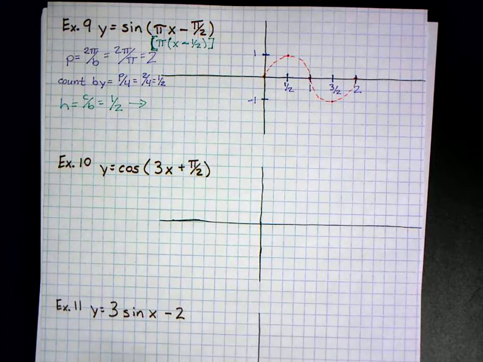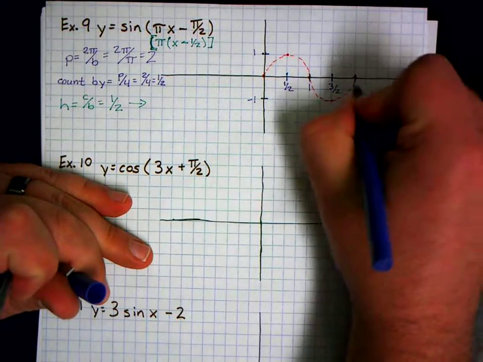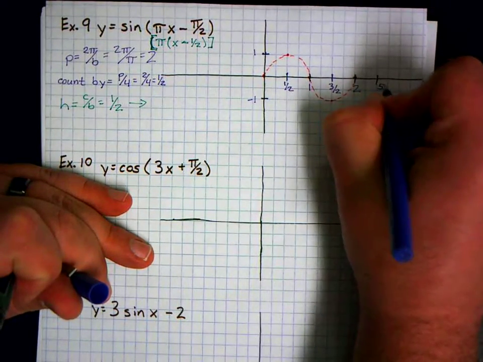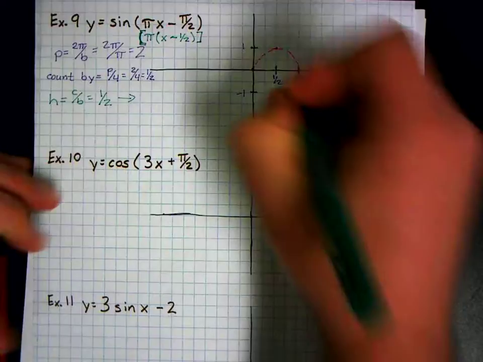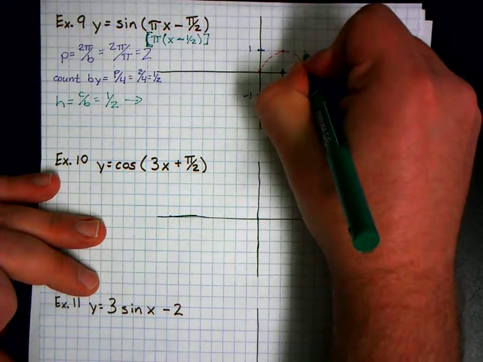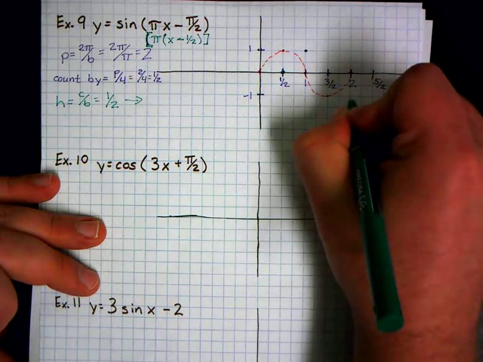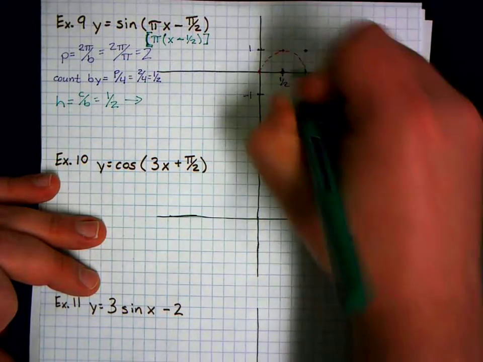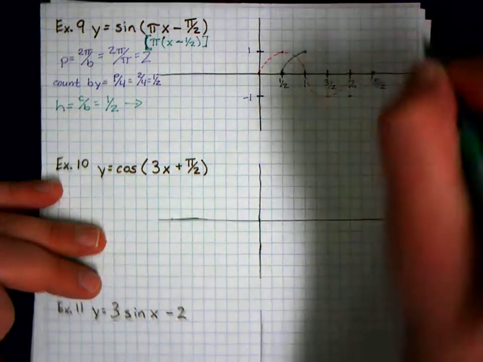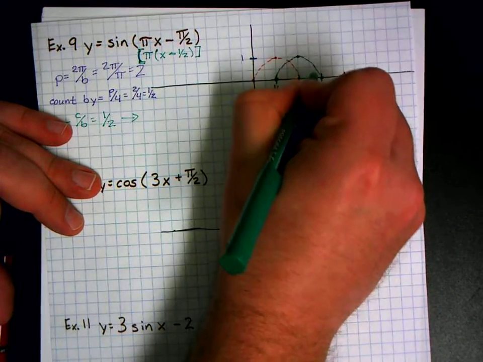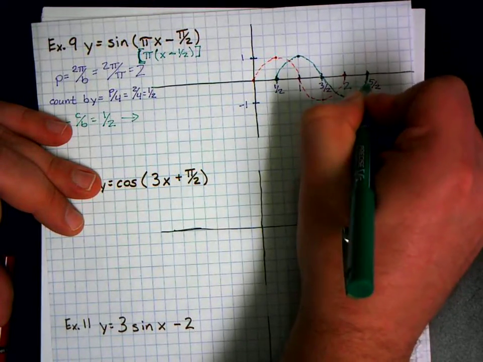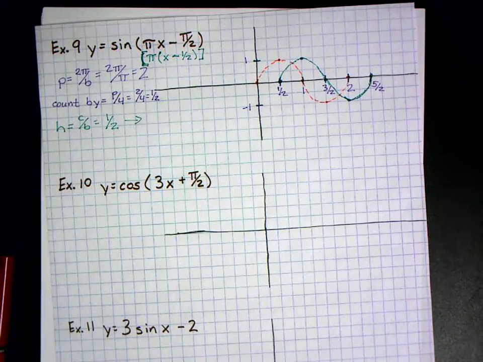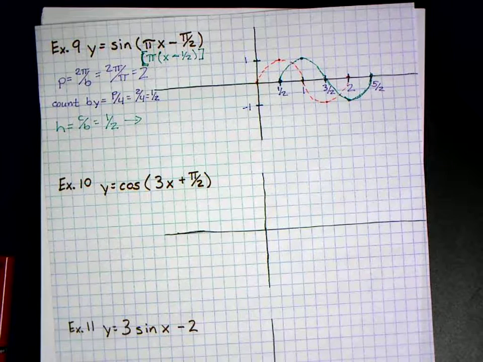So now that I have all those points, I'm going to take each of those points and shift them to the right 1/2. And again, if you're asked to do 2 periods, you just keep going with your pattern.